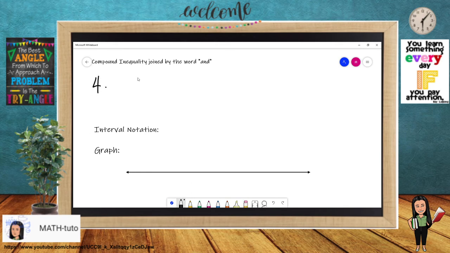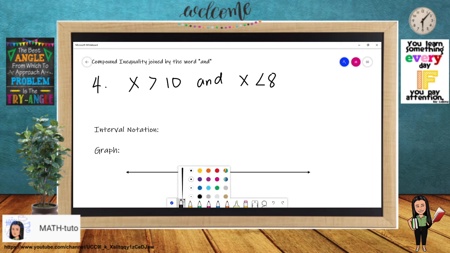Okay, let's have x is greater than 10 and x is less than 8. Okay, so yan yung ating inequality. Okay, so drawing natin siya sa graph para makita natin kung anong magiging result kaya nito.